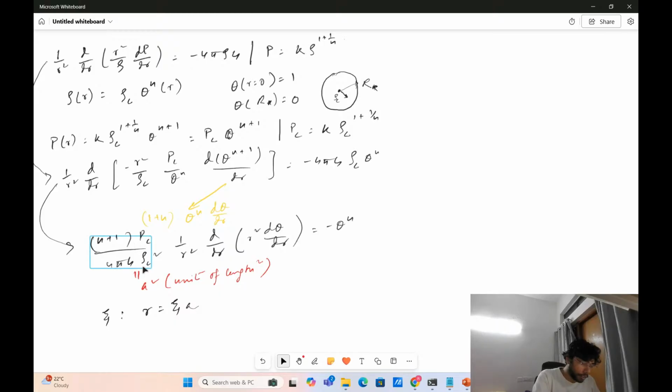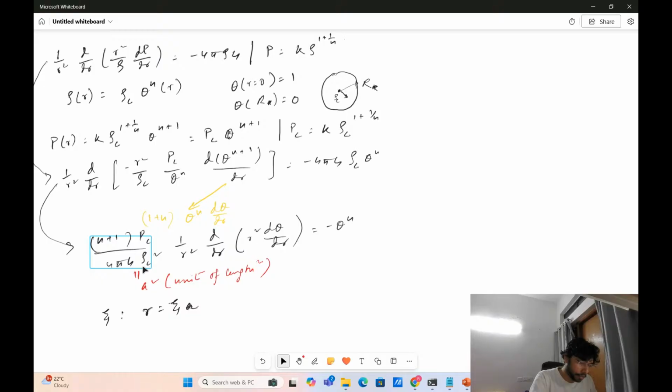People often do these kinds of variable changes in physics. So a square has units of length square, so a will have units of length. This r also has units of length. Therefore this psi is dimensionless, right? So why do we do this? Because this will be very convenient for solving this equation. I will explain it after I write the equation in terms of psi.